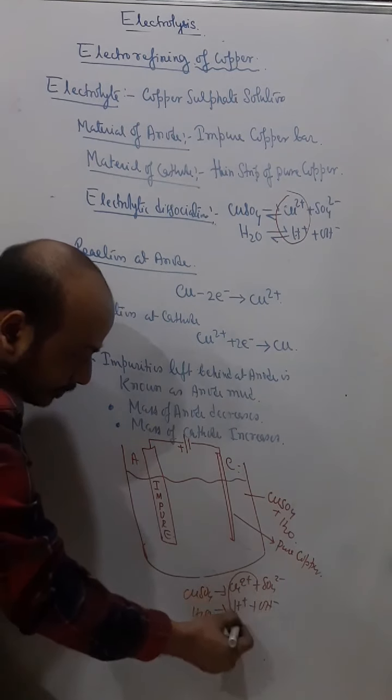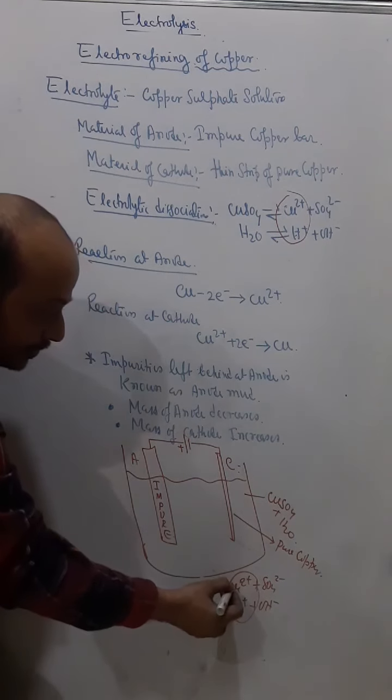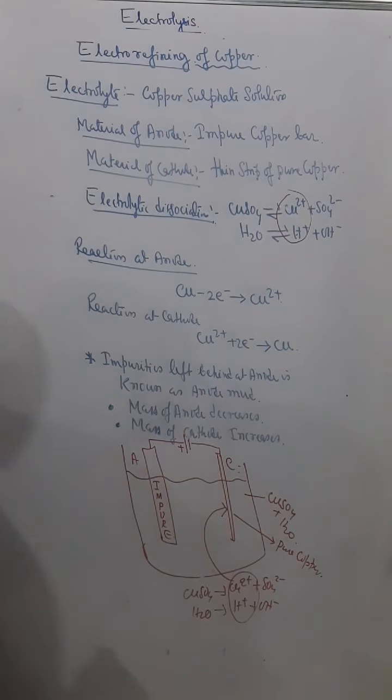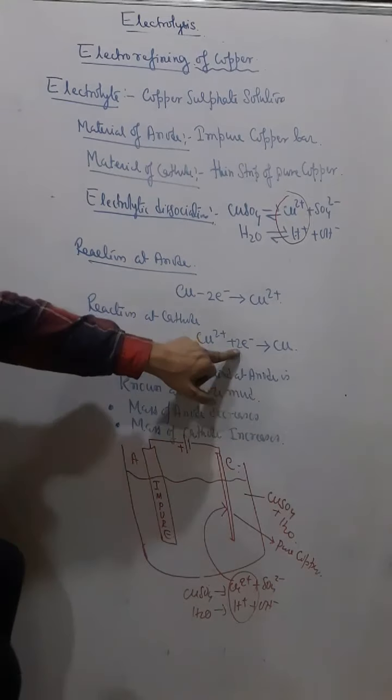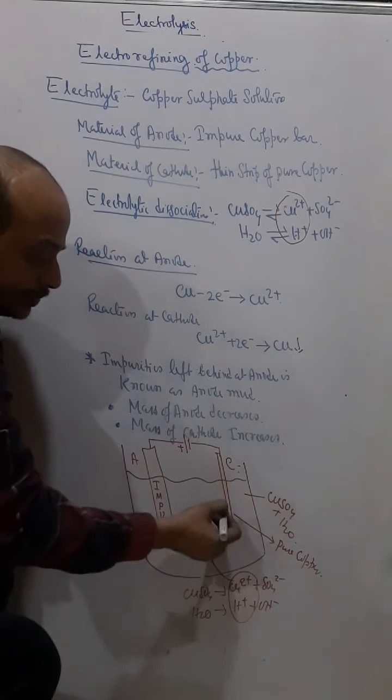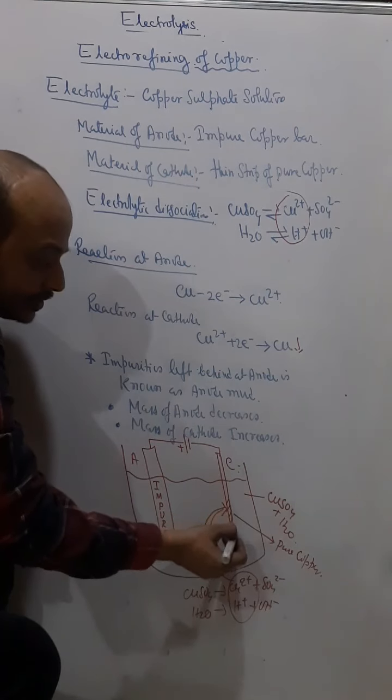Now out of copper and hydrogen, copper will be discharged, so it will migrate towards cathode, and after migrating towards cathode it will gain electron and it will deposit. So slowly it will deposit.